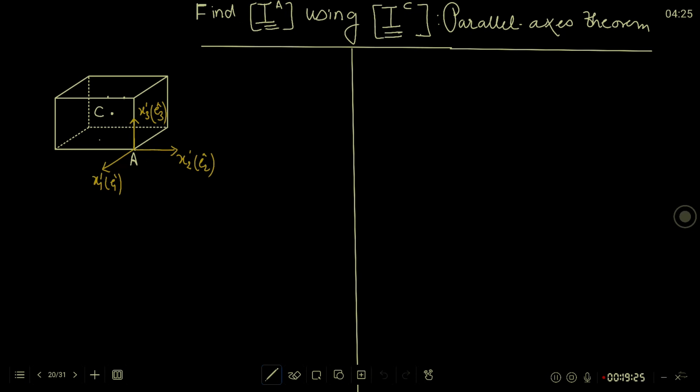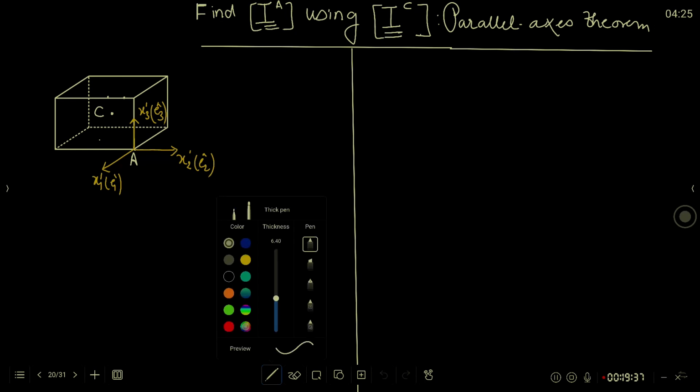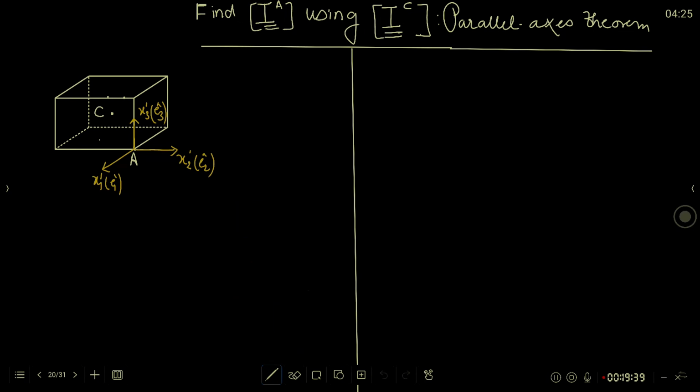Now one coordinate system is already there. The yellow color coordinate system I have already shown here. Let us draw the other coordinate system which has its origin at C, and let me call that x1. Let me call the axes x1 e1, x2 e2 and x3 e3.